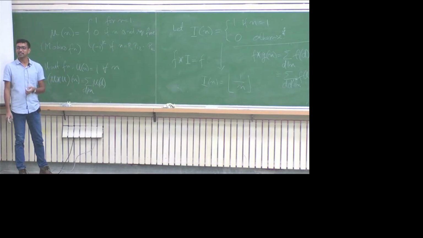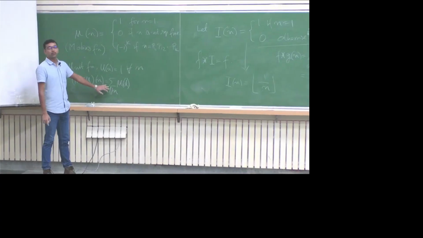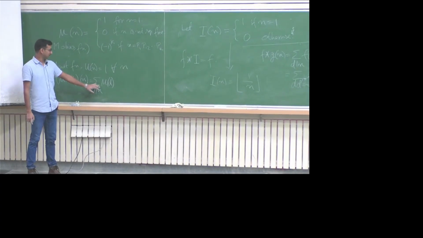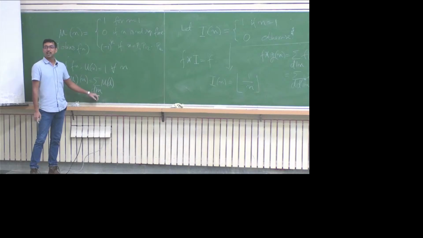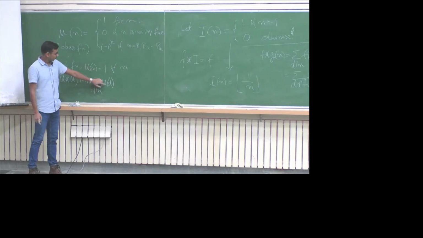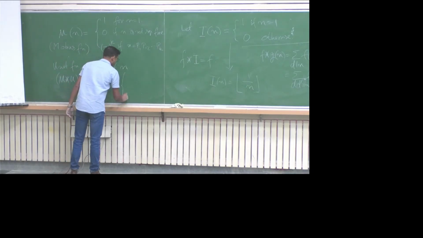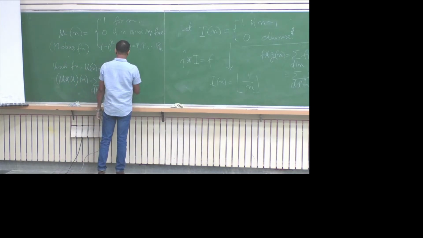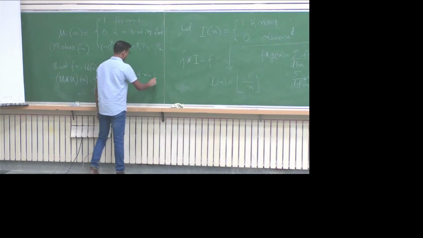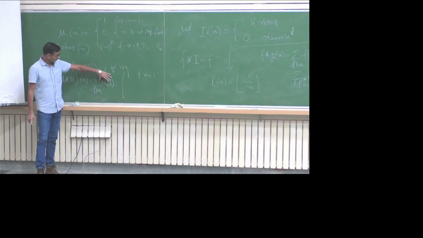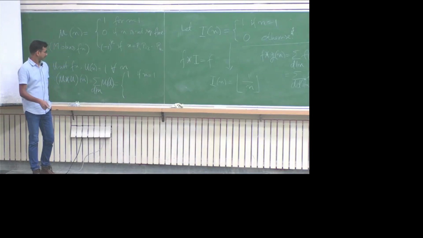What do you declare for this to be an identity function? That it is taking the value 0 for all n larger than 1. Otherwise, at 1 it's obvious, right? Because mu of d is just mu of 1, which is equal to 1. So this claim is of course true. It's trivial, 1 if n is equal to 1. So all you require is to show that this sum of mu of d, d dividing n, is 0.